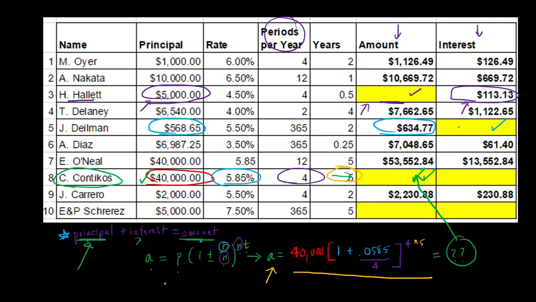So once again, to solve for amount, I use my compound interest formula, which uses amount, initial principal, rate as a decimal, periods per year again, and time in years. I use that to solve for A, and that gives me my amount that goes here. Then I use my other equation, principal plus interest equals amount, to solve for interest because I have 2 pieces of information, and that'll give me interest. So that was our method for line 8. And you can use the same method for line 10 for E and P.